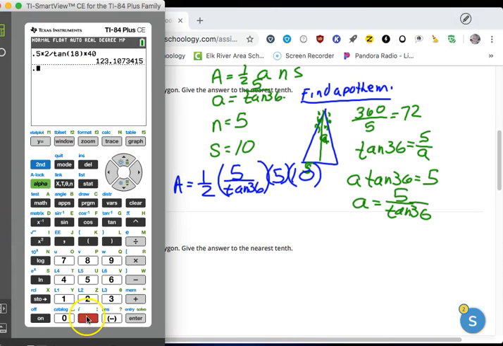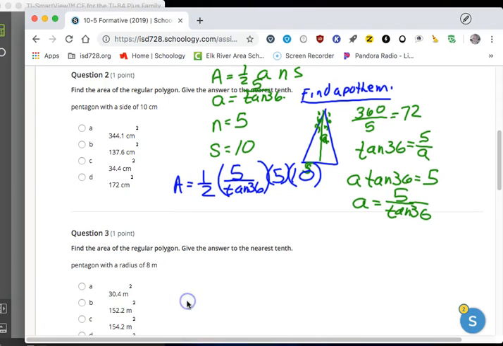I've got 0.5 times 5 divided by tangent of 36, close my parenthesis, times 50 in this case. And I hit enter and I get 172.01. And it's supposed to be the nearest tenth, so it's going to be 172.0.